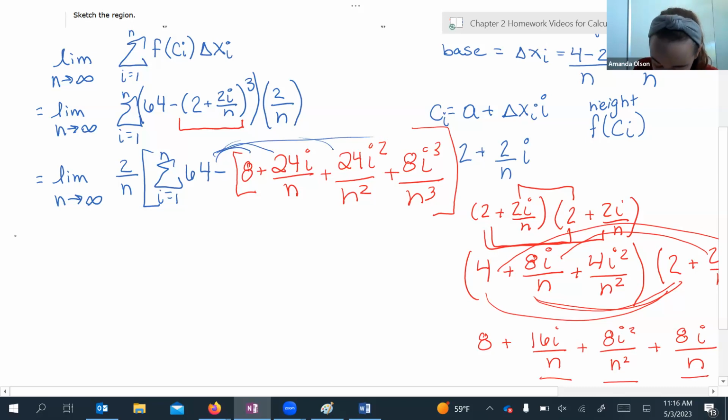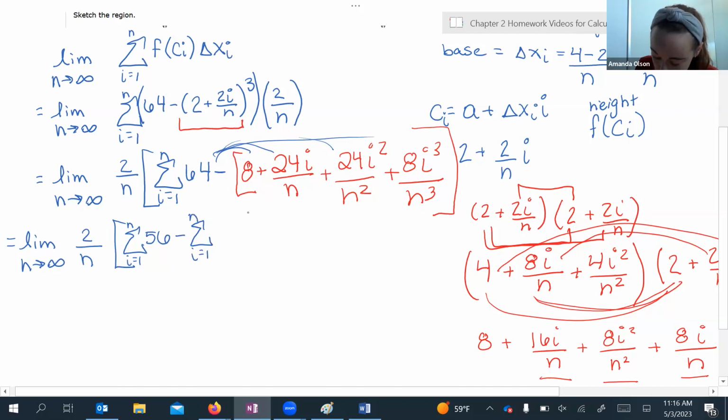So then we distribute. So over here we've got the limit as n goes to infinity of 2 over n, 64 minus 8. That's going to get us a sum from i equals 1 to n of 56. And then minus the sum from i equals 1 to n.